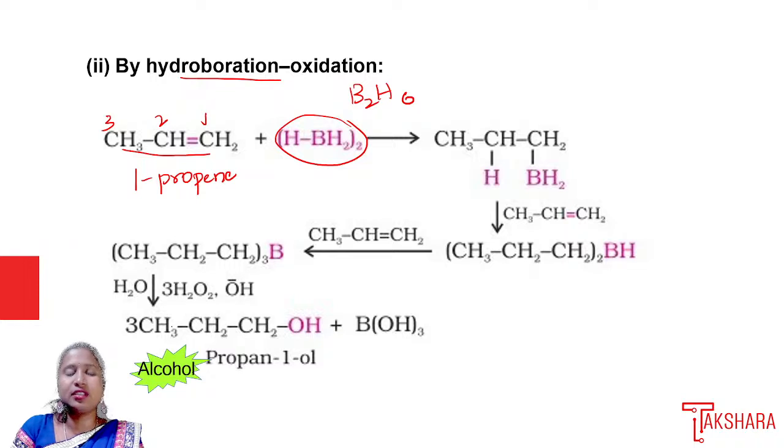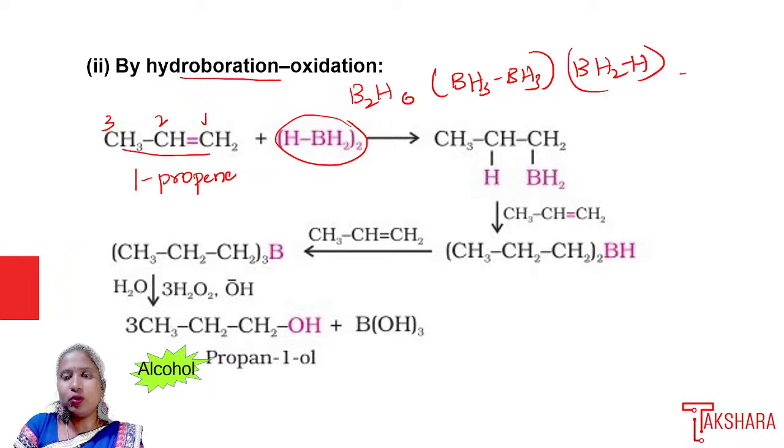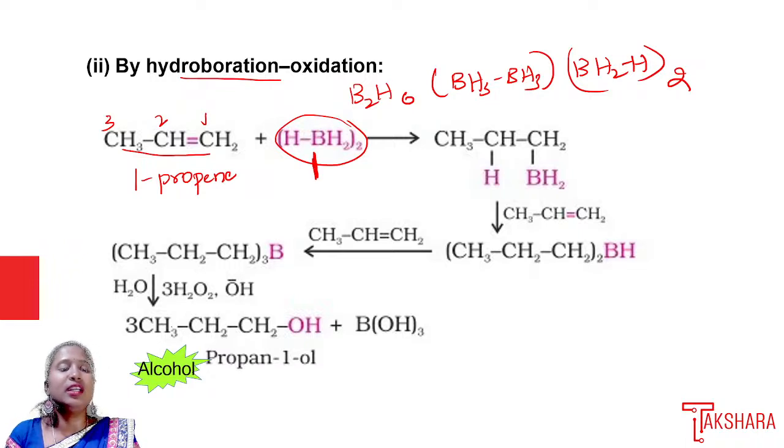B2H6 we can write as BH3 and BH3. This can also be written as BH2H twice. So I have written that here as the second reactant. Now when propene is added to diborane, what happens here? This BH2H ionizes and we get H plus and BH2 minus ions.